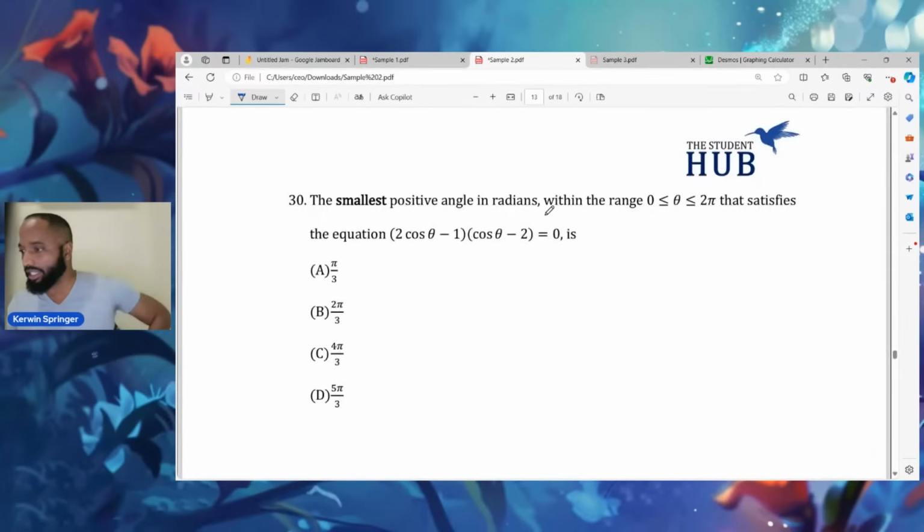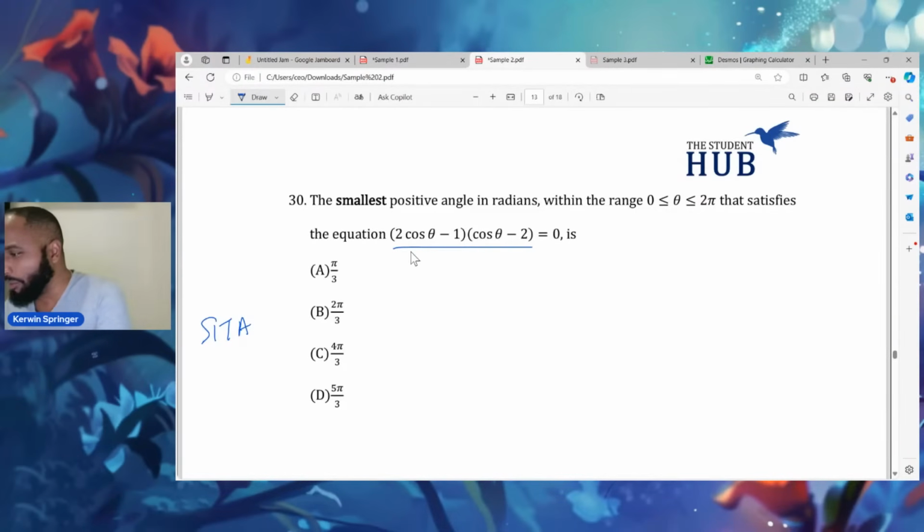Smallest positive angle in radians, which is in the range, to satisfy this. Oh, this one is a little different from earlier. But once again, you could see that with this question, using pen and paper multiple choice, you could substitute the answers and see which one works.